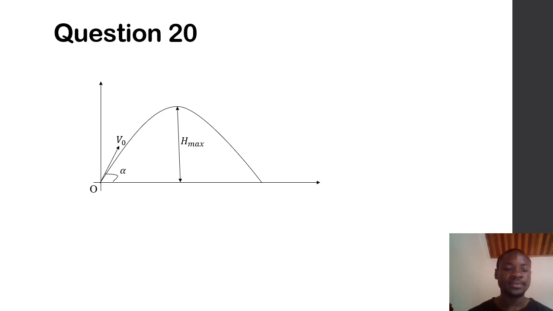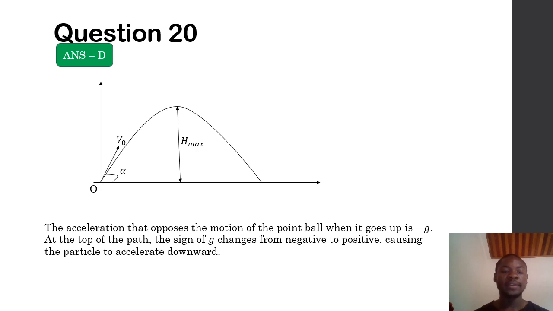Question 20, answer is D. So we have our diagram, the ball, considered as a point mass, being projected with a speed v0 at an angle alpha. After some time it reaches the maximum height h max. The acceleration that opposes the motion of the ball when it goes up is minus g.